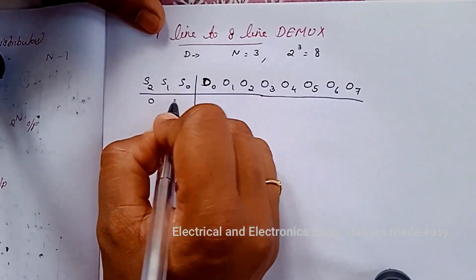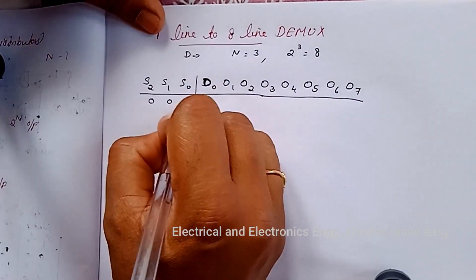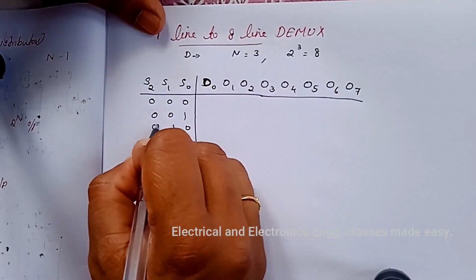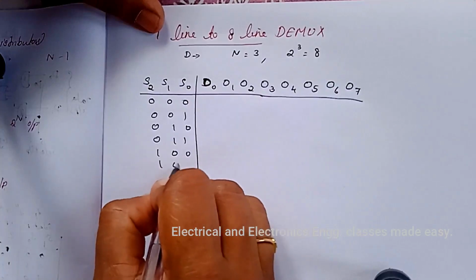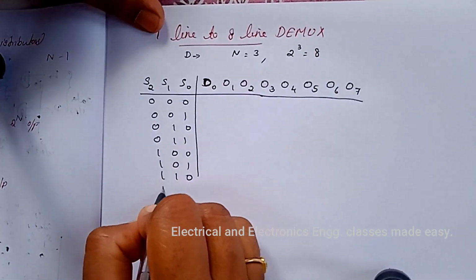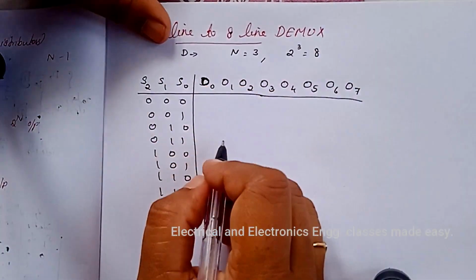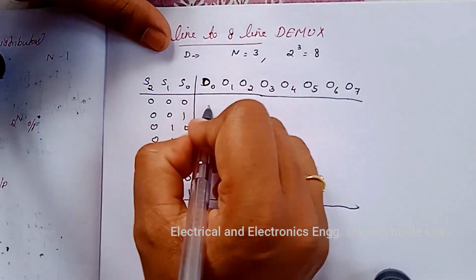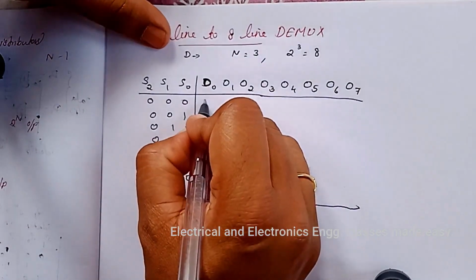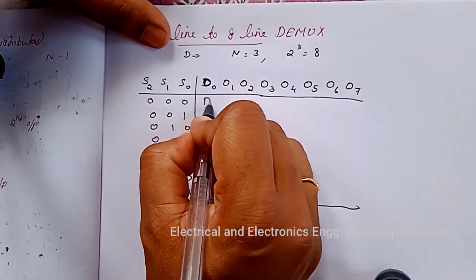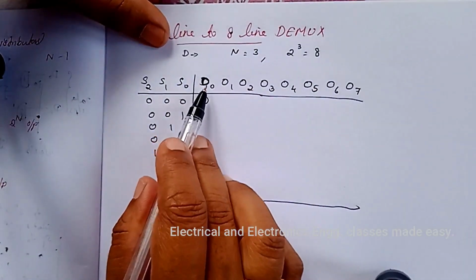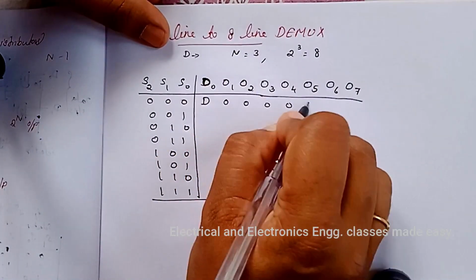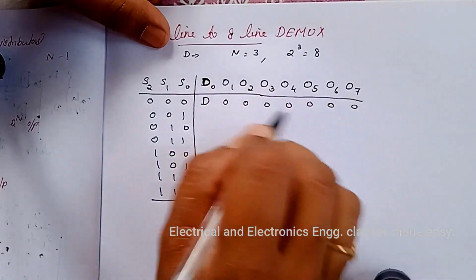The combinations of select inputs are 0 0 0, 0 0 1, 0 1 0, 0 1 1, 1 0 0, 1 0 1, 1 1 0, 1 1 1. So in the first case O0 will be activated, so the data will be in the O0 line, all others are 0, inactivated.